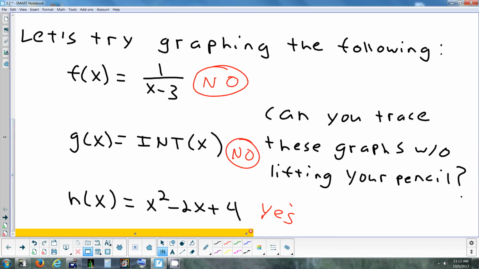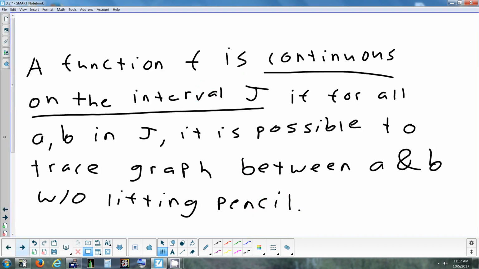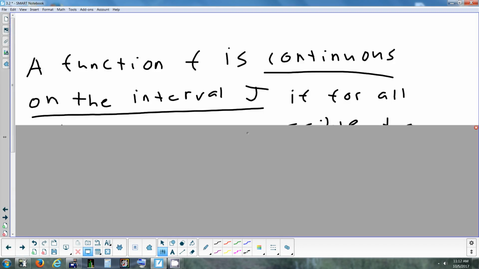So this last graph, h of x, has something that the other two don't. It has a property that we'll mention right now. Anybody know what the property is? It's called continuity, or it's continuous.